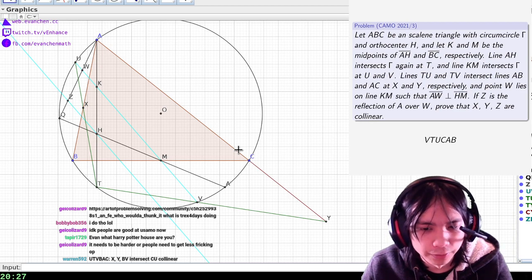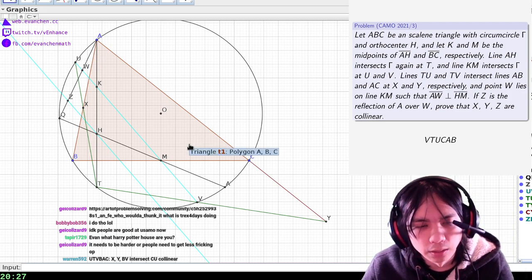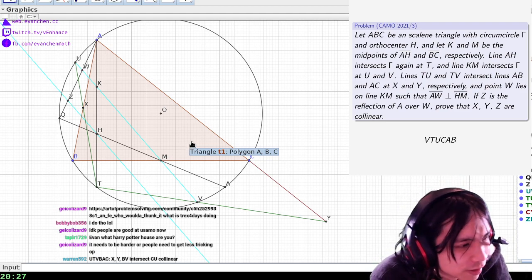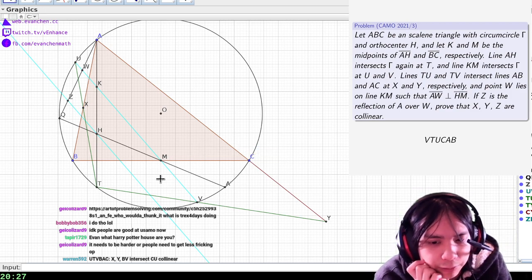Can I get rid of T this way? Does T even matter? Well, no, actually, I need a second point on that line. Yeah, I need a second point, so... Okay, so BV intersects... Is it BV intersects U? Oh, that's off the page again.